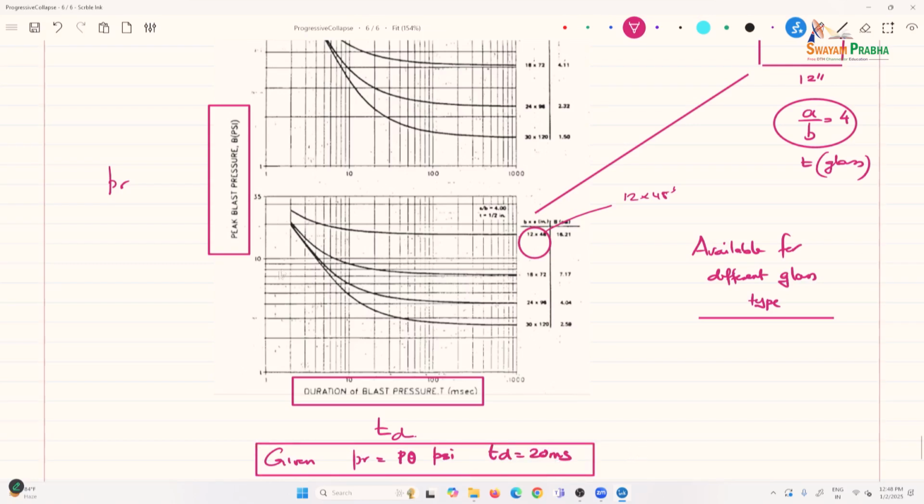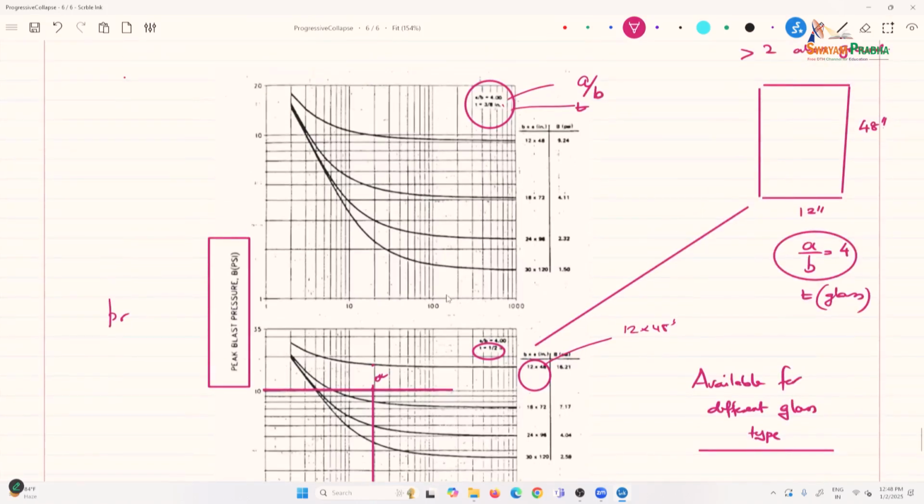So PR is 10 and TD is 20 right here. And the thickness is half an inch. So here this is the glass. So you're under, so you're fine, you're okay.